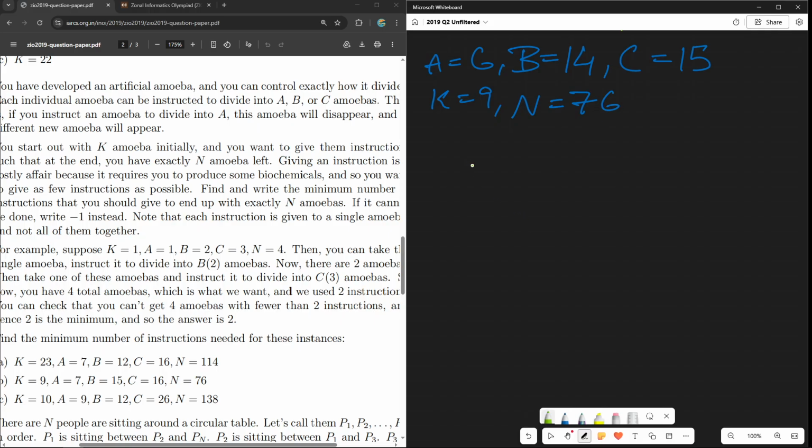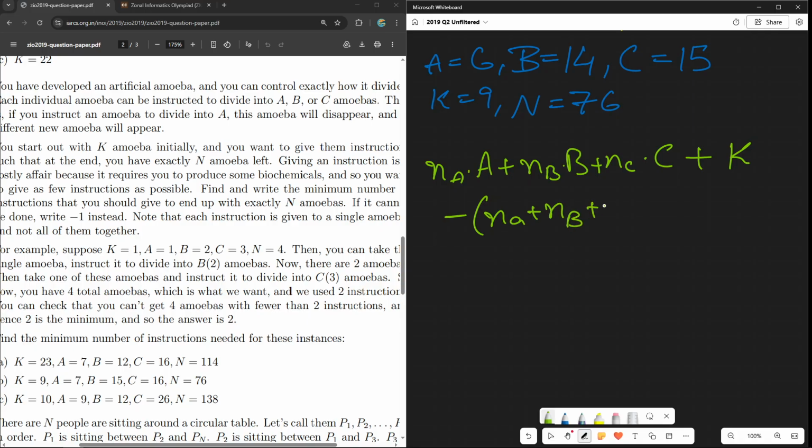Now we can do a formula without subtracting anything else. So that will be n of a into a plus n of b into b plus n of c into c plus k minus n of a plus n of b plus n of c, that should be equal to 76, right?